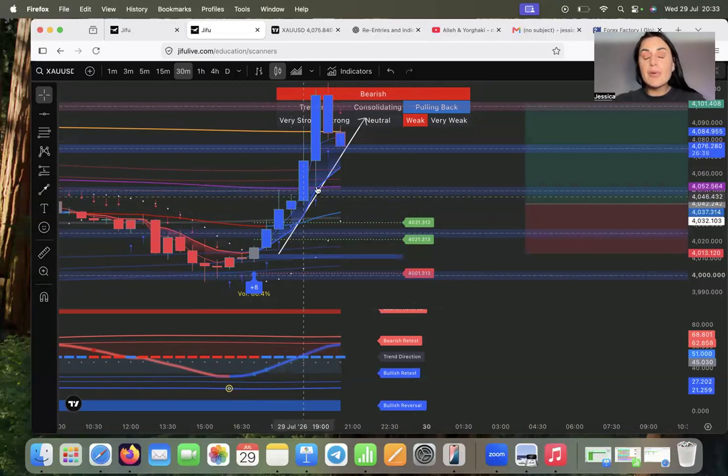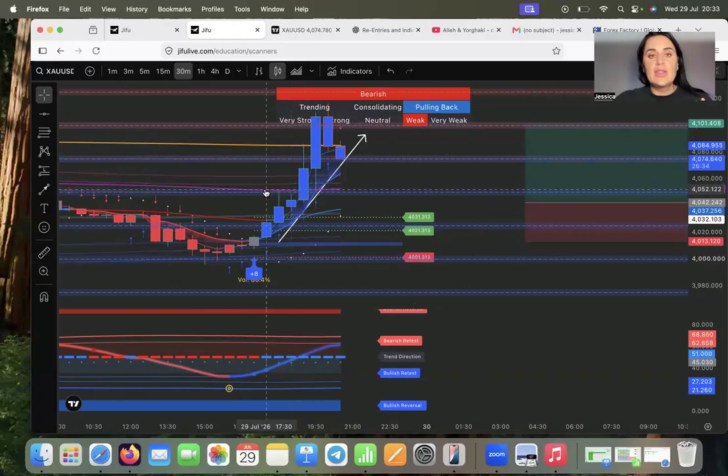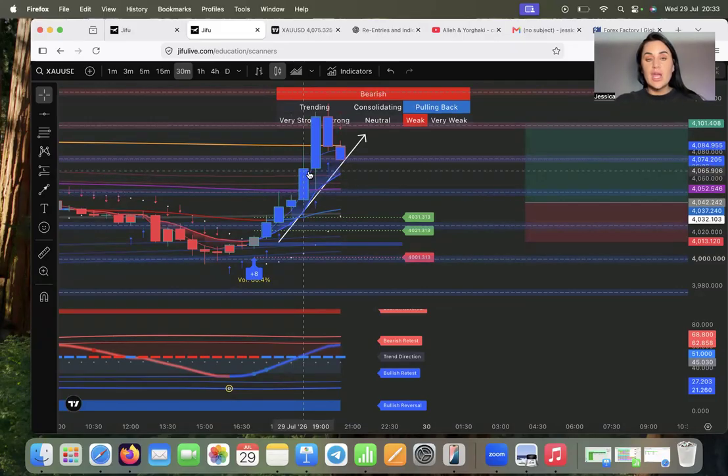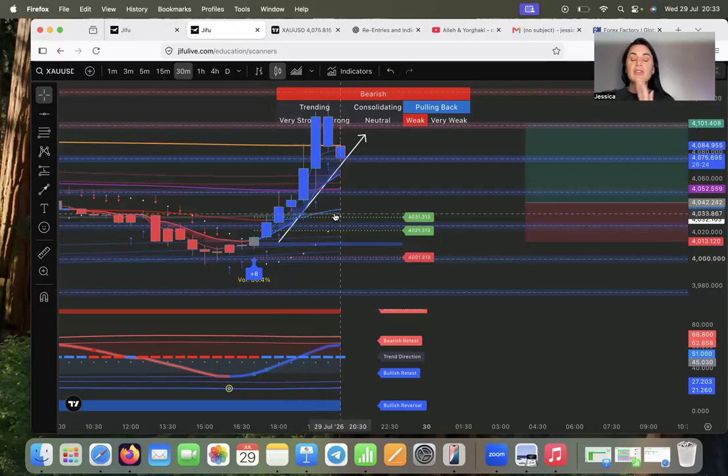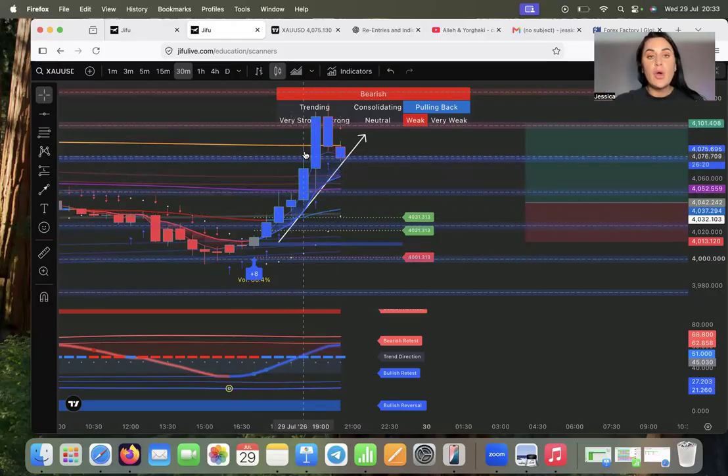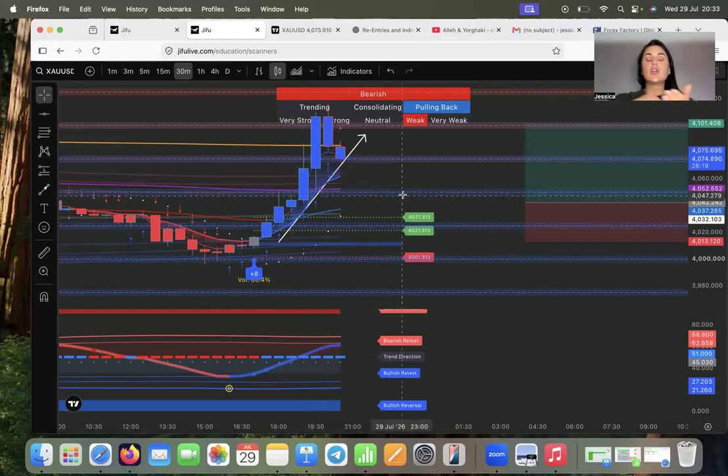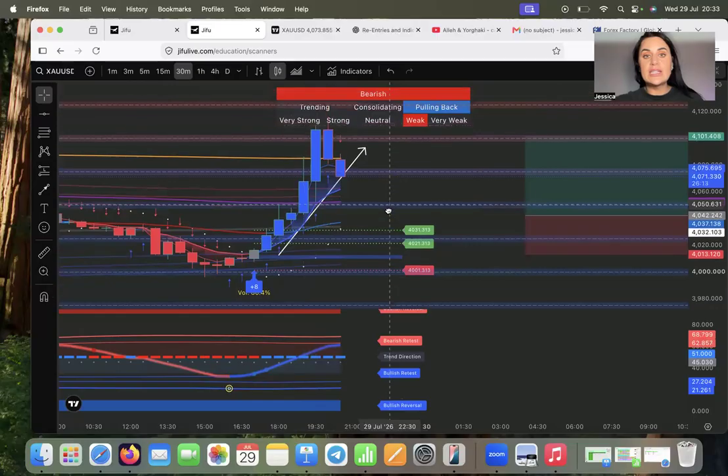If price breaks this line, so what do I mean by break? The line is here. See the candle? The candle closed above this line. It broke it. Whenever I see it break the purple or the gold EMA, it is going to fly. Exactly what it did here.